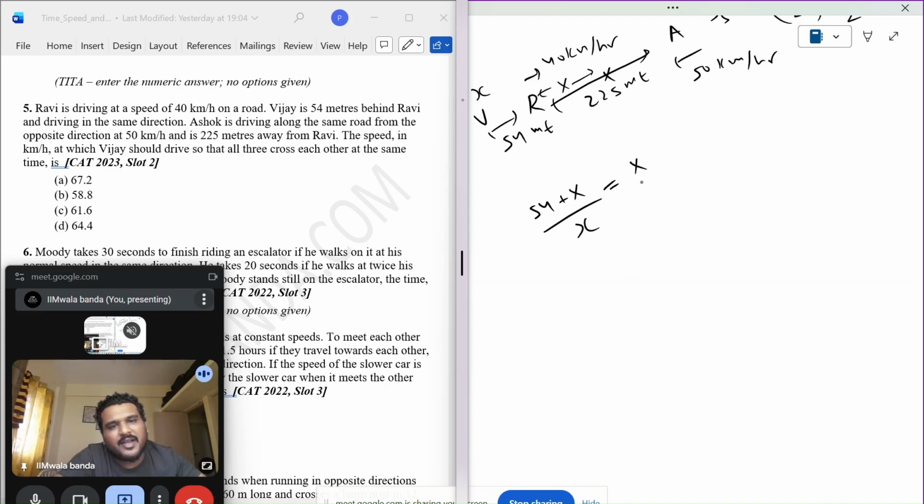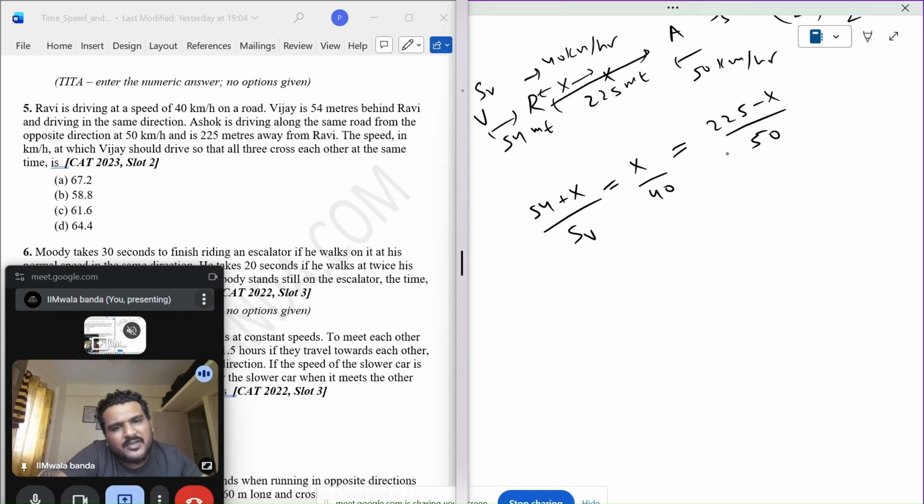R has traveled X distance with its speed of 40 and A has traveled 225 minus X with its speed of 50, right? Let the speed of V be SV. And X is in meters, but it will get cancelled if I even multiply and divide by 1000. It will get cancelled, so it doesn't matter.